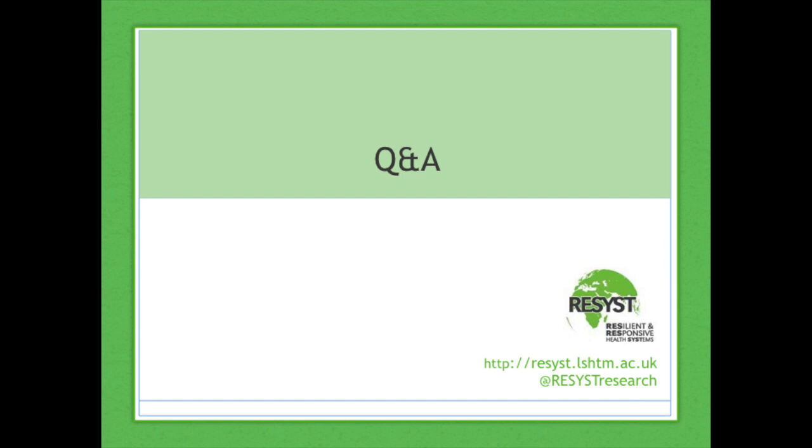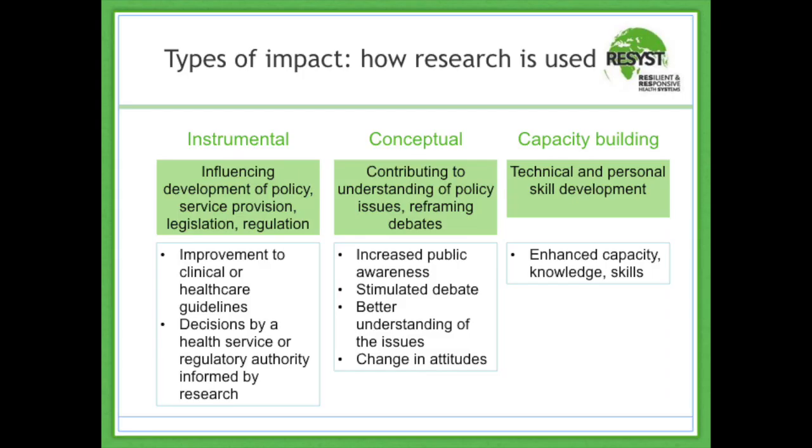So Michelle's asking me to explain instrumental and conceptual impact. So what I'm going to do, Michelle, is flick back to the slide that goes through the different types of impacts. The way I think of it is instrumental impact is the most straightforward, basic type of impact that you think of when you think about research influencing policy.